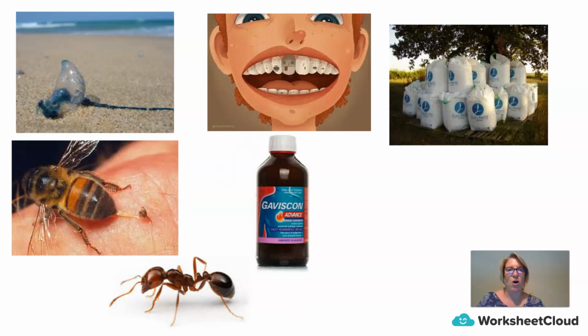When you are suffering from heartburn, which is like an acid reflux, which means the acid in your stomach is moving up into your esophagus and it's creating a burning sensation, you're going to have some of this Gaviscon. And this is an alkali, or your Rennie's tablets are alkali. So if we take this alkali liquid and we mix it with your acid in your stomach, it should neutralize it and stop the burning.